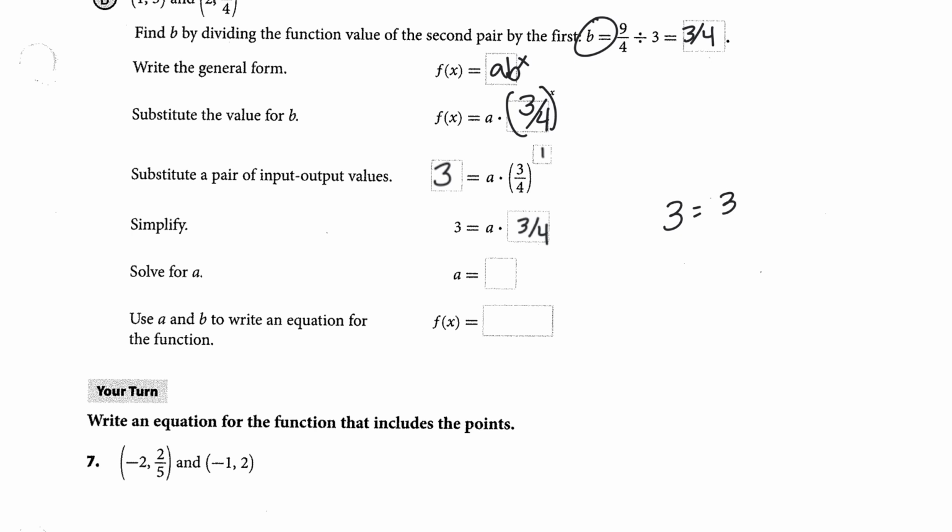3 equals 3/4 A. To solve for A, I need to divide both sides by 3/4. Or the other strategy you can use is multiply by the reciprocal, kind of like a fraction bust.